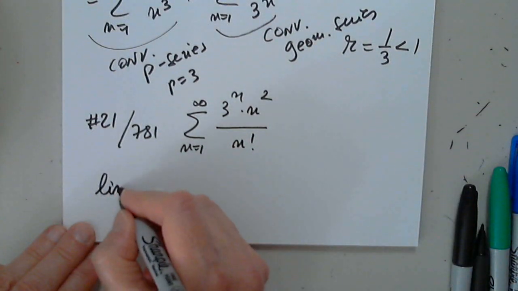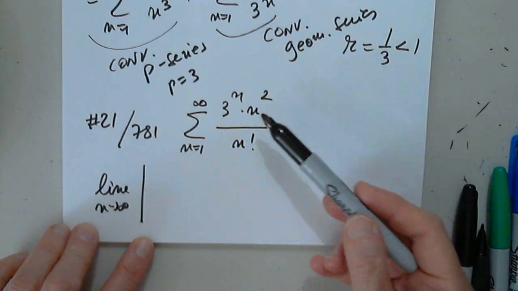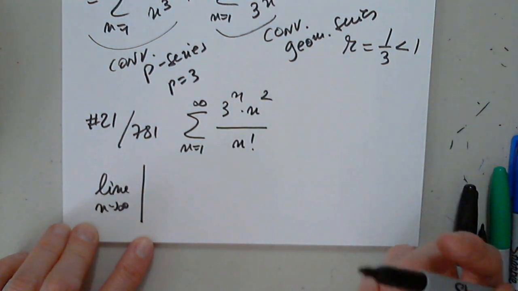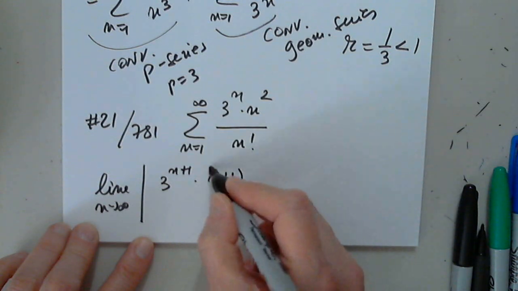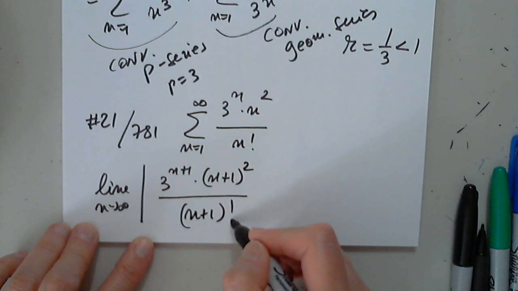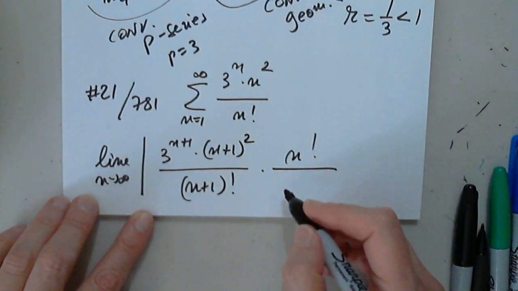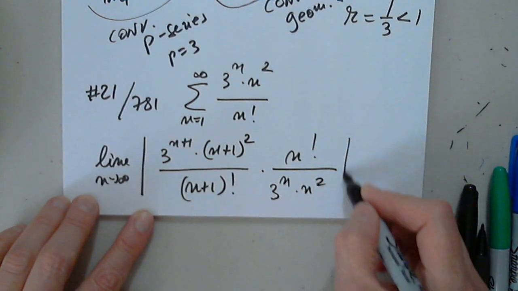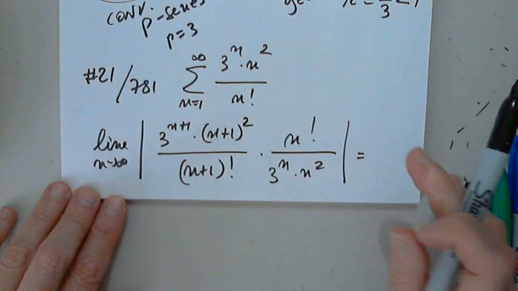So let's look at the limit as n approaches infinity. Again, the absolute value is redundant. Everything is positive, but still. 3 to the n plus 1, n plus 1 squared over n plus 1 factorial times, and we flip it because we are dividing them, 3 to the n power and n squared. And let's see what goes away from here.